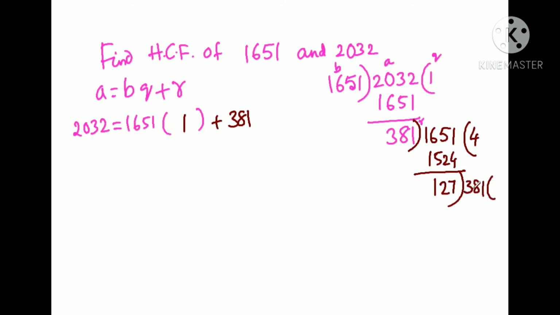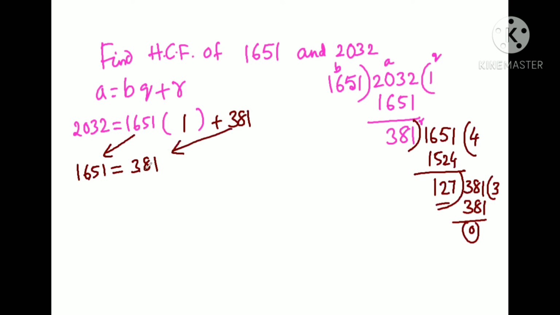Now divide 381 by 127. 127 times 3 is 381. So the last divisor is 127. Now let us write it here also like this. Now 1651 is equal to 381 times 4 plus 127.